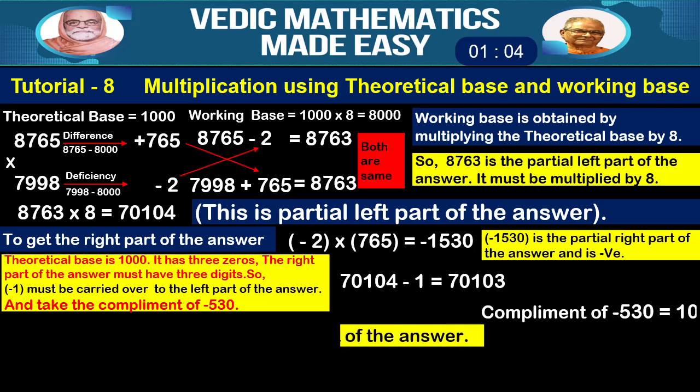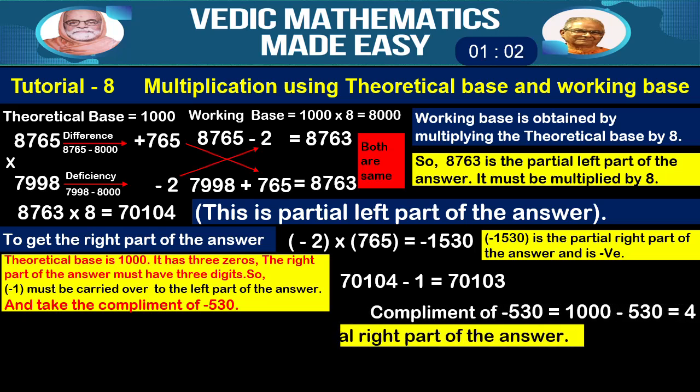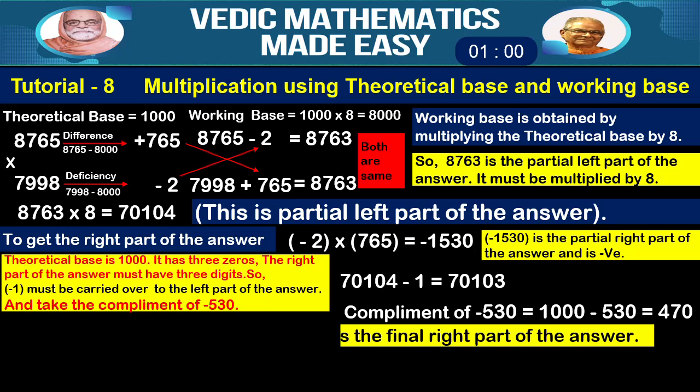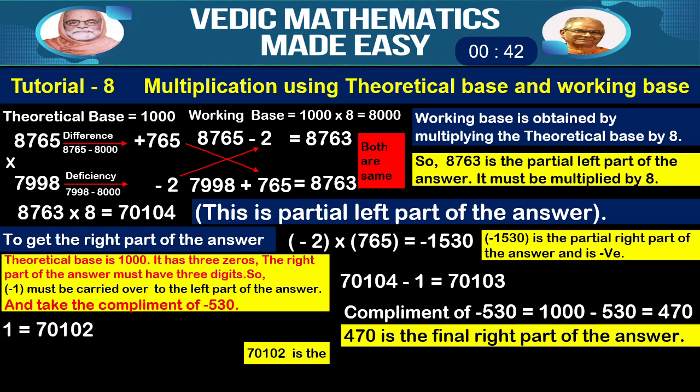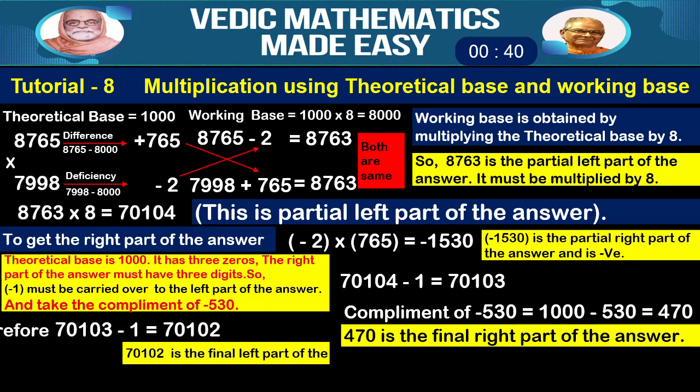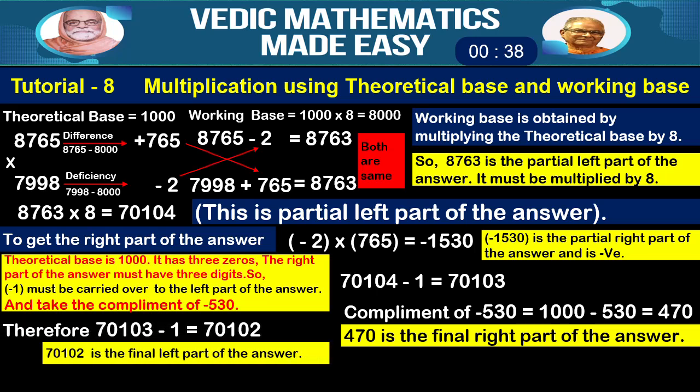Complement of minus 530 is 1000 minus 530 is equal to 470. This is the final right part of the answer. Since we have taken the complement of minus 530, 70103 minus 1 is equal to 70102.